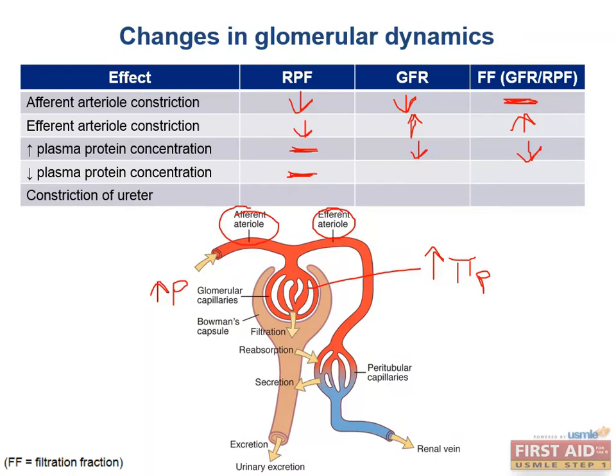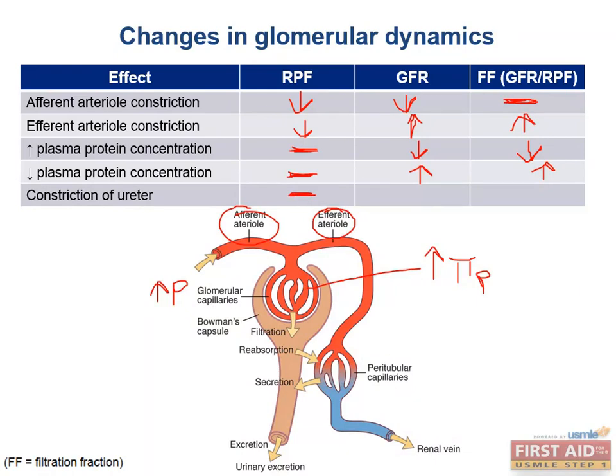Now what about a decrease in plasma protein concentration? Again, no effect on renal plasma flow, but this time we'll get an increase in GFR due to decreased oncotic pressure, and this will lead to an increased filtration fraction. And lastly, how about constriction of the ureter?